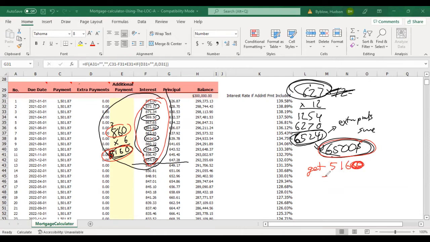And what is the rate of return on that, so to speak? Well, that's 5,160 over 6,500. That's like 516 over 650. That's like 250 over 325, roughly. That's like 25 over 30. That's like 5 over 6.